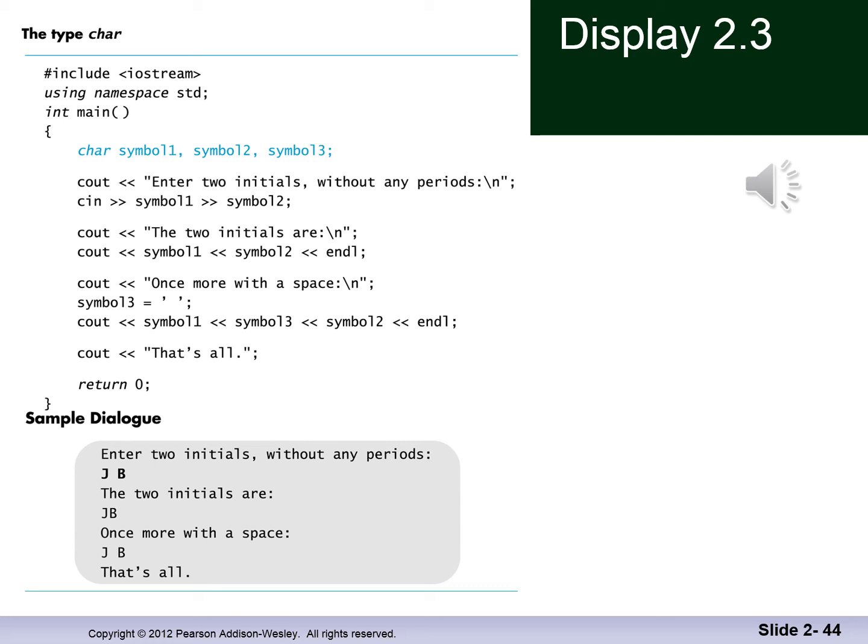If you look at the output, the initial output, the two initials are J and B, right next to each other, because we use cout, symbol1, and then symbol2, no spaces. And then the second output was actually symbol1, which was J, symbol3, which is the space between J and B, and symbol2, which is the B.